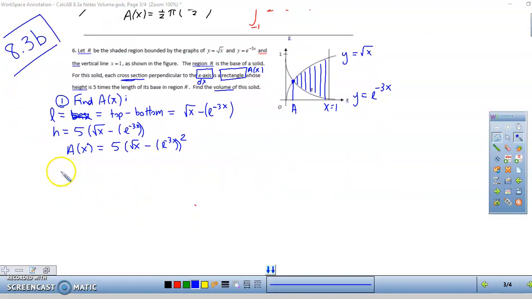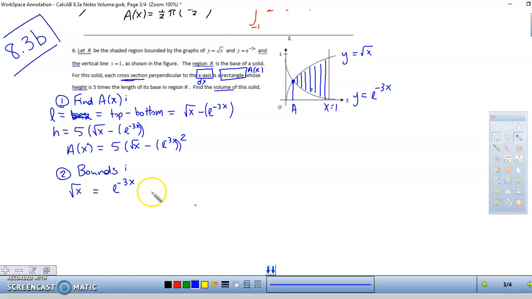The second piece is we need to figure out our bounds. They give you the upper bound here of x equals 1, but we do need to figure out that other intersection. We're going to do that like we did in the last video. I want you to try to do that with zeros again. Just a reminder, when you set these two functions equal to each other, that is where you find the intersections.